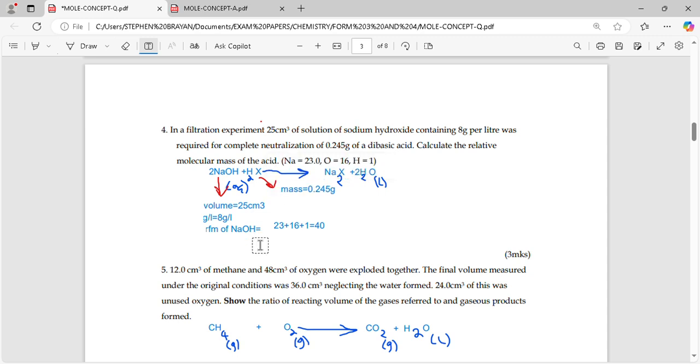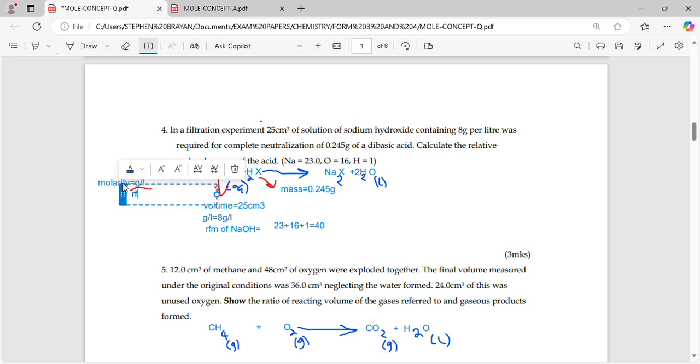Now, from there you must know for sodium hydroxide, because we have the grams per liter and we have the RFM, it means we can get something which is called molarity. Because there's a formula that says molarity is equal to grams per liter over the RFM.